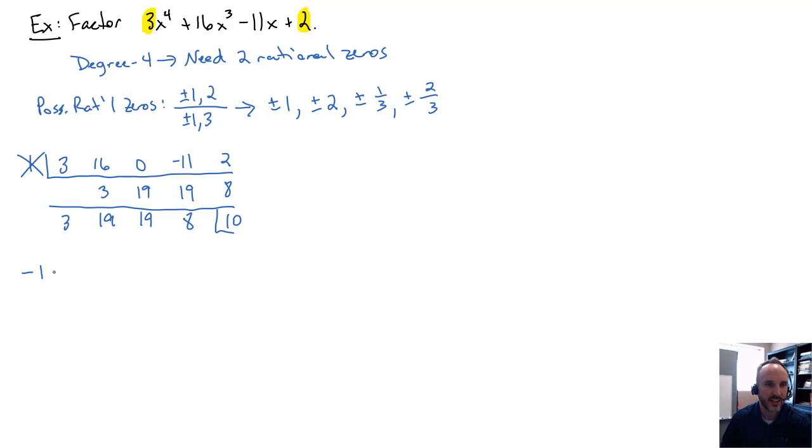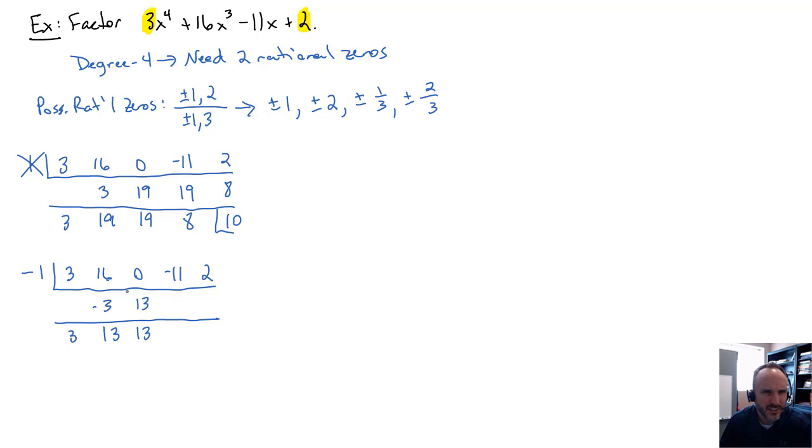Let's test negative 1. 3, 16, 0, negative 11, 2. Drop your 3, multiply and add, multiply, oops, that's positive 13, and add, multiply, let me see, did I copy something wrong here? 3, negative 3, 13.